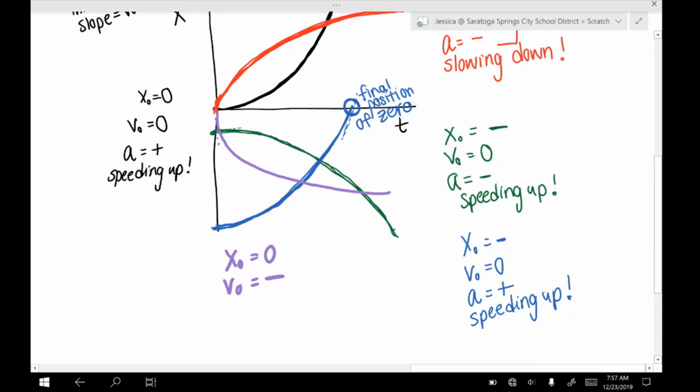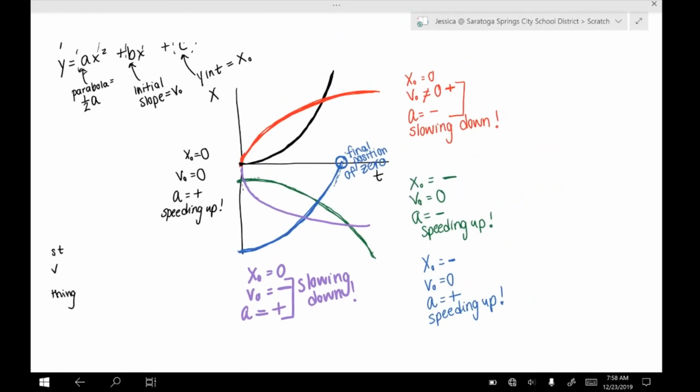It points downward. My acceleration looks like half of a happy face, so my acceleration is positive, which must mean this object is slowing down because my velocity and acceleration are in opposite directions. So this would be an object slowing down in the negative direction, an object that's moving in reverse but hitting the brakes.